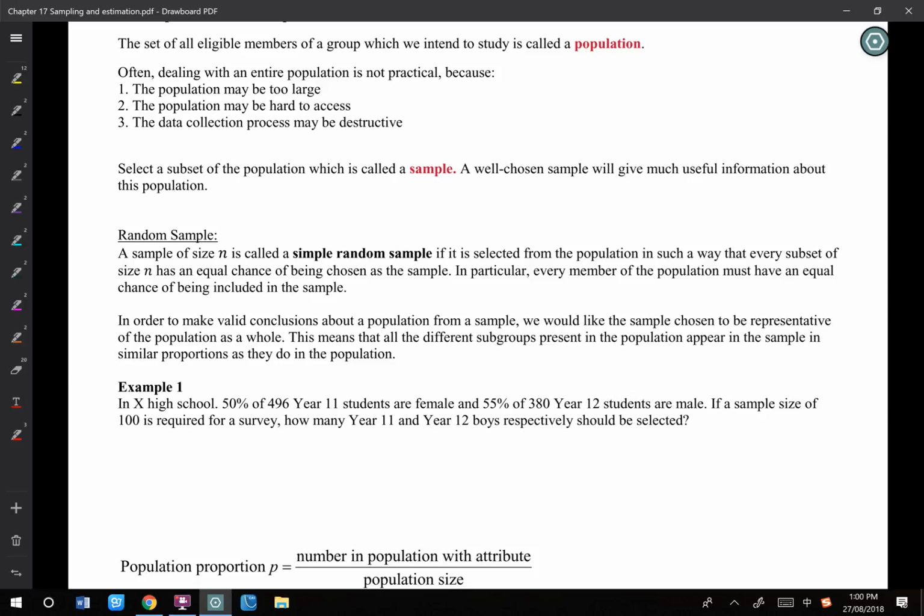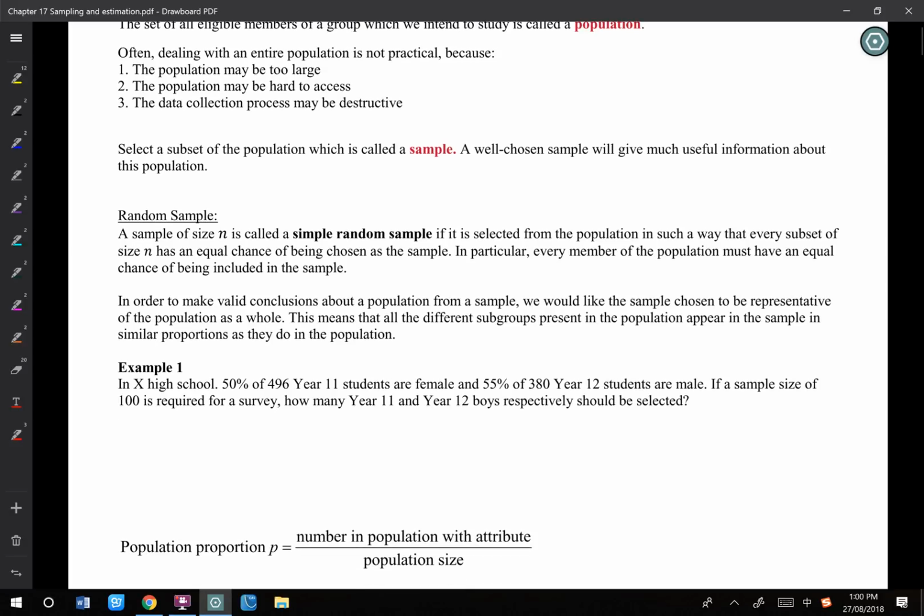You need to select some from our school, some from low achieving schools, some from middle ranking schools. You need a mix, and then that sample can represent the population. Otherwise, if you just use 25 of you, you may all do above 90, and that's not a fair sample, because 100% of students are doing above 90. That's not a good sample. So we need a simple random sample.